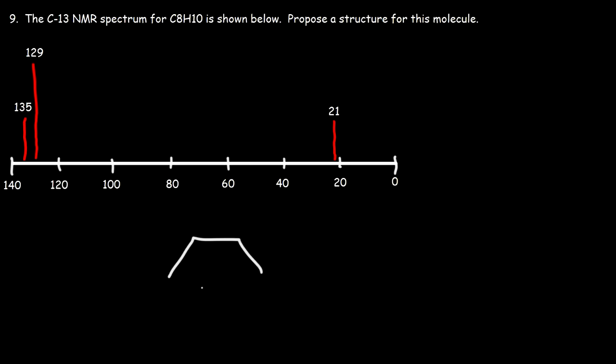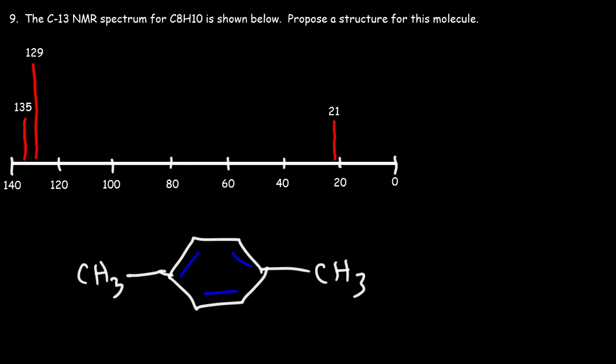So let's redraw this molecule, but sideways. So let's call this carbon A, and then B, and carbon C. So clearly carbon A has to be the signal at 21.